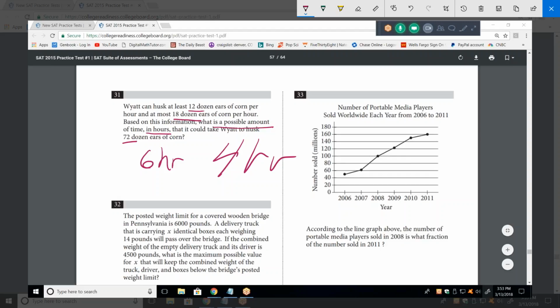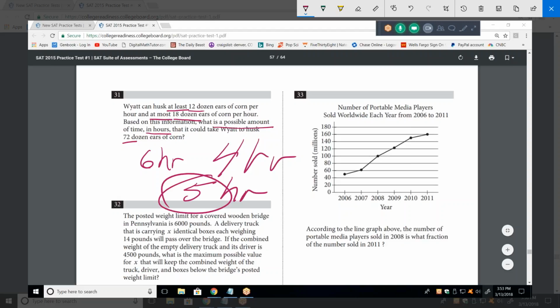Now, this means that 4 would work or 6 would work. But why even worry about that? Let's just pick a number in between. How about 5 hours? That's what I'm putting down as an answer.